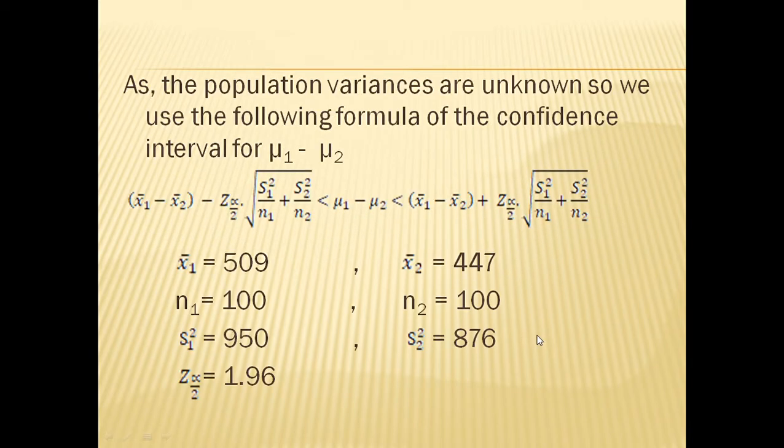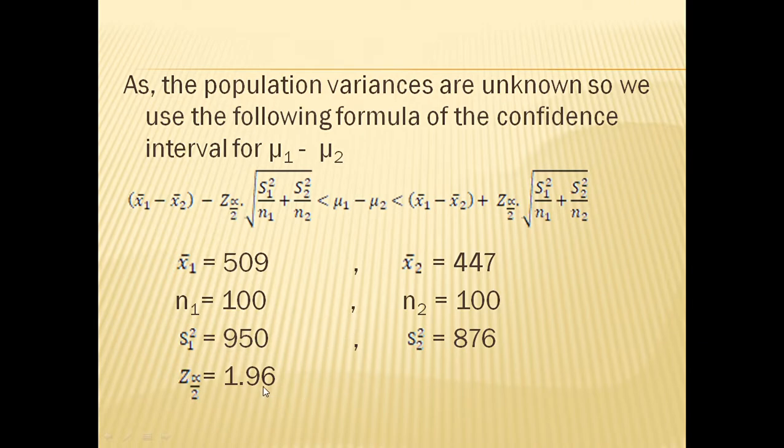Again, as the population variances are unknown, we use the following formula for the confidence interval of the difference. Here, instead of sigma, we use s1 square and s2 square. According to the question, we have written all the information given, and z alpha by 2 is found from the table with the same method as before.